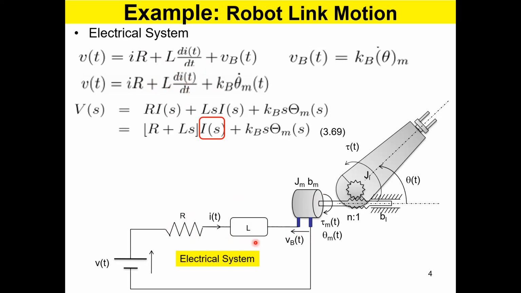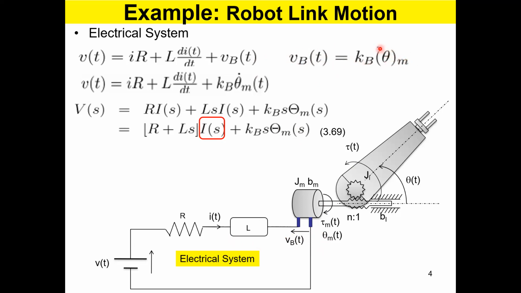Voltage drop across an inductor which is carrying current I, right? The voltage is L di by dt plus Vb, that is the back electromotive force, EMF, of the terminals of the motor. Now, from the motor side, we know that the back EMF of a motor is some constant times theta dot m.